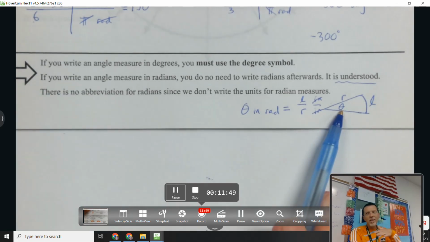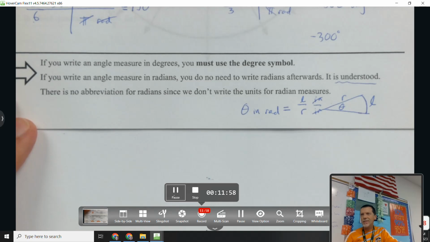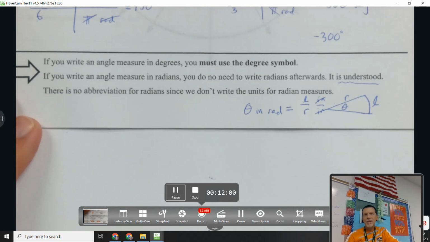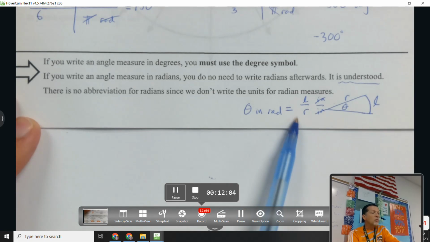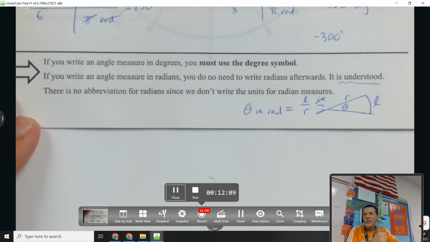So more than just discarding radians because we don't like it or we don't want to write it, it's like radians is a unitless unit, if that makes sense. Because of its definition, an angle in radians is a ratio, and therefore it doesn't even have units. So you can put radians on there if you want to, but radians just means you're measuring angles.